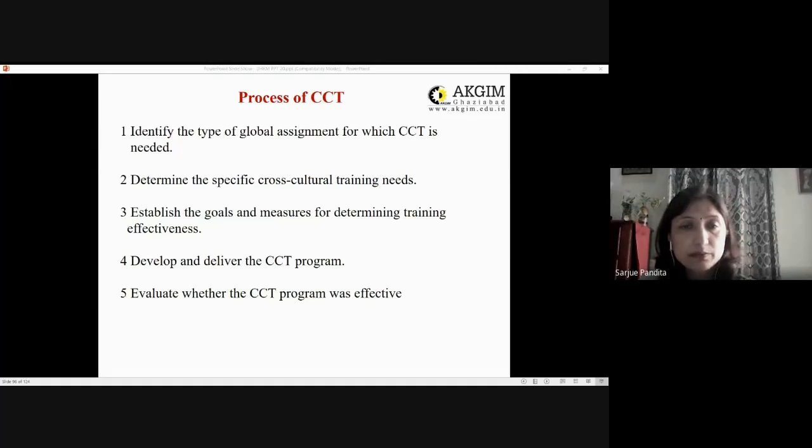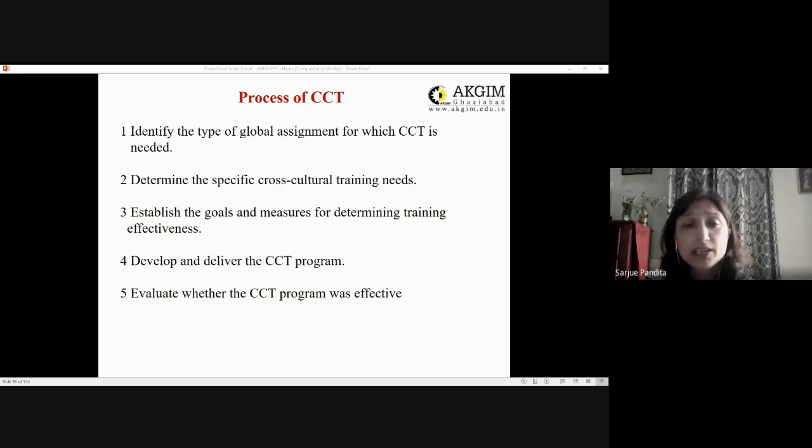So unlike technical assignees, functional assignees need to interact with host nationals for the assignment to be successful. Given this interaction, cross-cultural skills are needed. This type of global assignment is the most common.